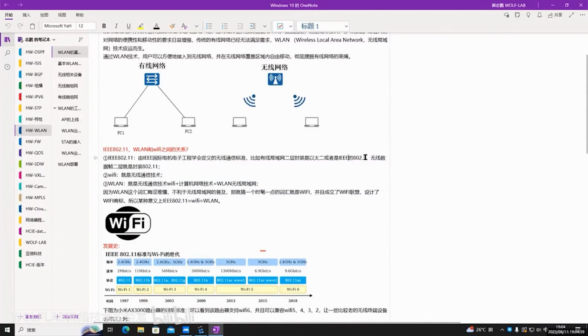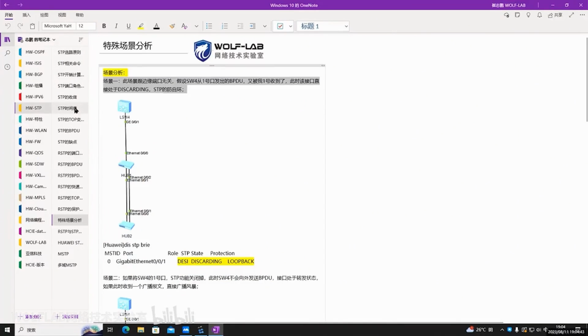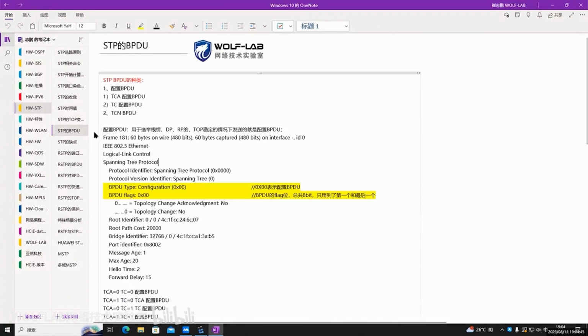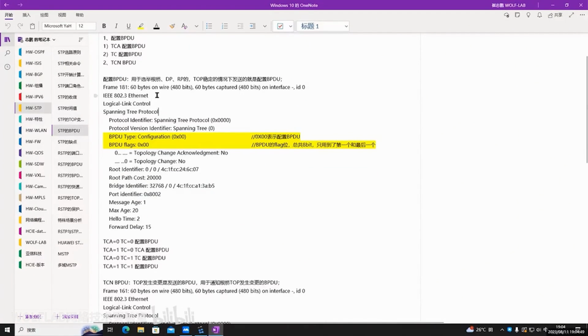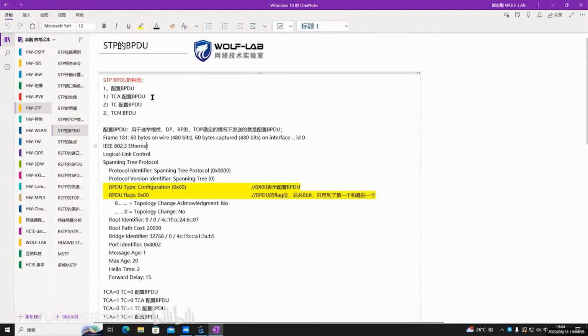What kind of data packets will encapsulate IEEE 802.3, such as some protocol packets? When we learn about STP, we studied BPDU. This STP BPDU, you see, uses the IEEE 802.3 encapsulation format. Like our usual ping packets, they use an Ethernet 2 encapsulation format.